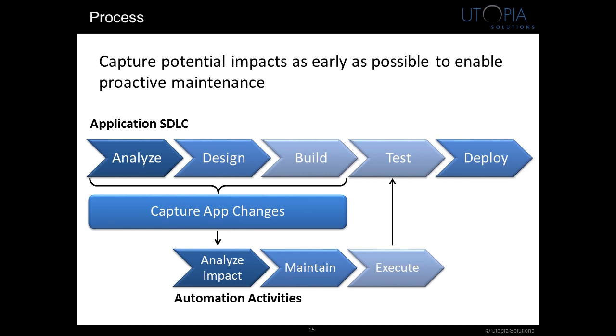The answer varies across organizations. It varies across development cycles, but the information is there, and you need to capture it as early as possible. So when the spotlight goes on and people are expecting test results, you're ready to deliver.